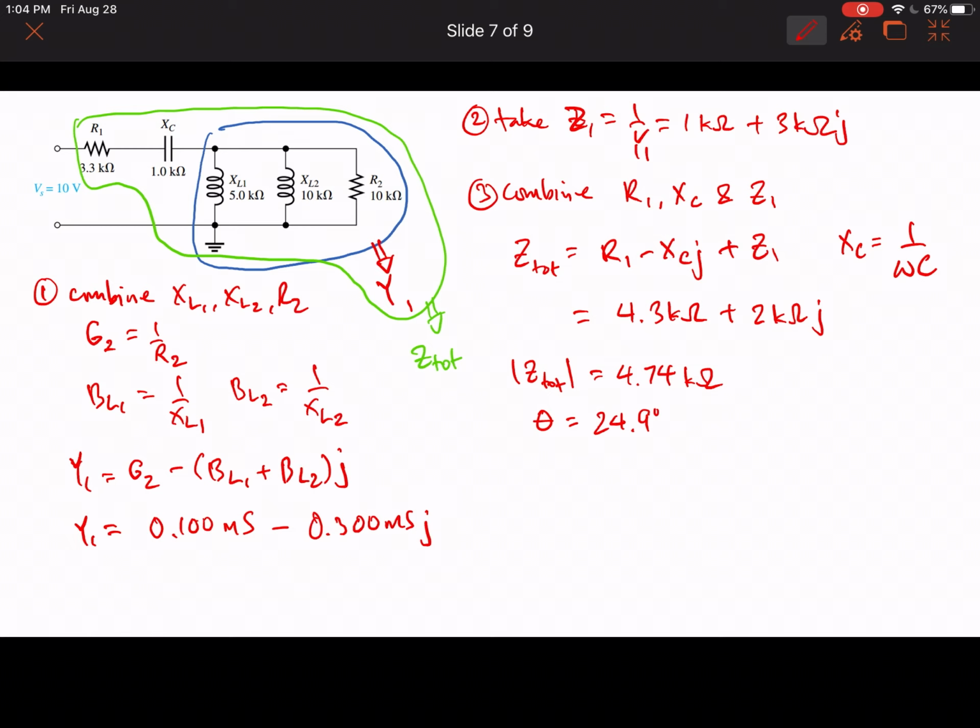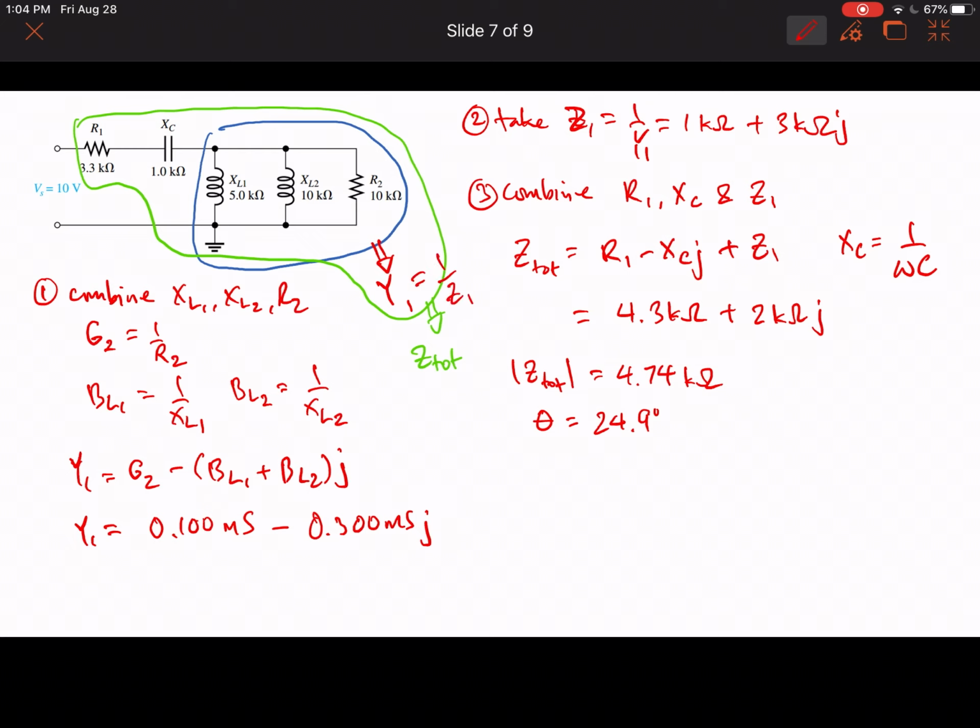Okay, now in this case, we won't draw the phasor diagram, but instead, let's try to solve for the values of the voltages across each circuit element and the currents across each circuit element. We know that R1 and XC are in series, and that is also in series with Z1, which is the reciprocal of Y1.